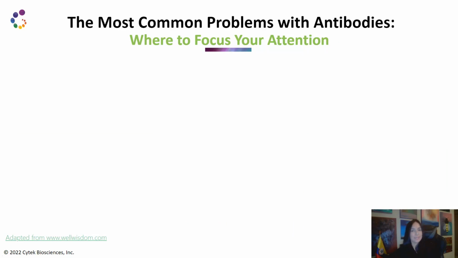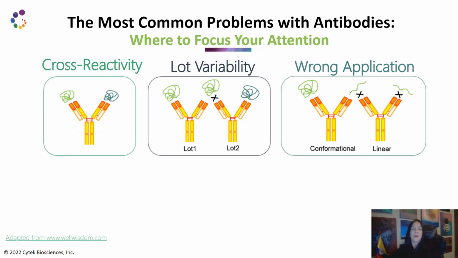What are the issues with antibodies? Summarizing what was described in those publications, the main issues are 3, at least the ones reported by them. Cross-reactivity: your antibody binding not only to your protein of interest, but to something else, specifically or non-specifically, through the antigen binding sites, the yellow portions, the orange portions, or through the Fc portion in the constant region.